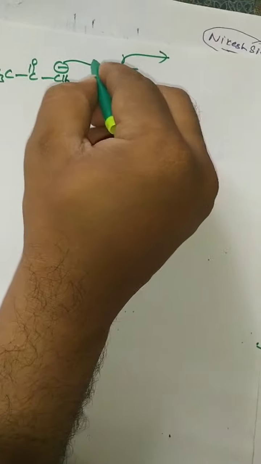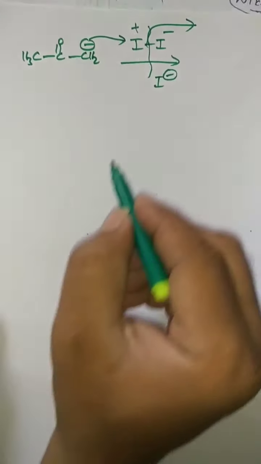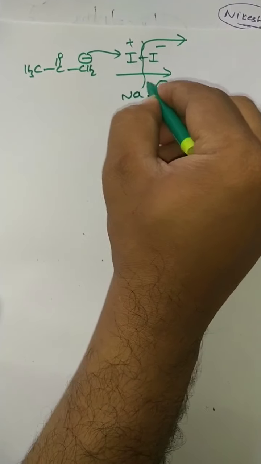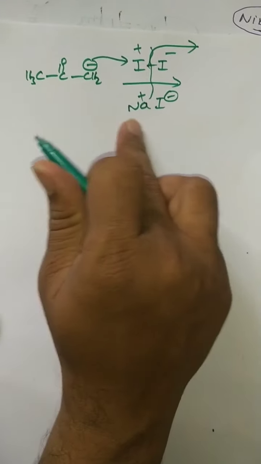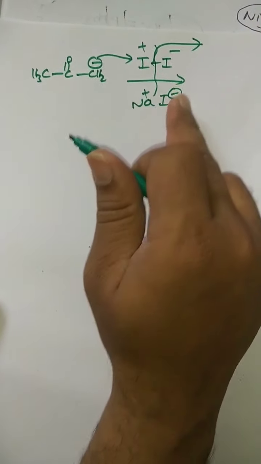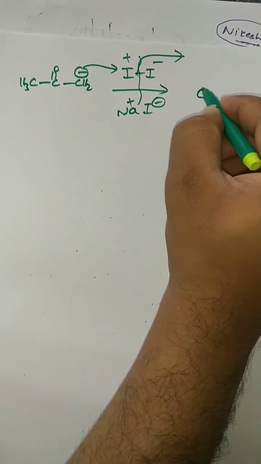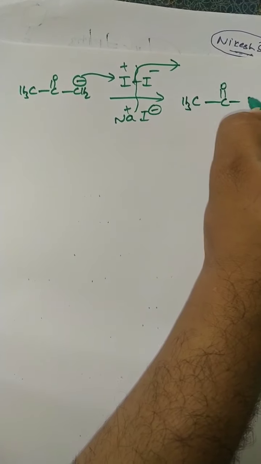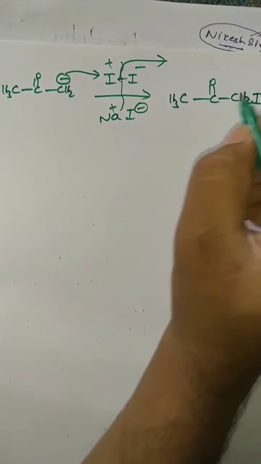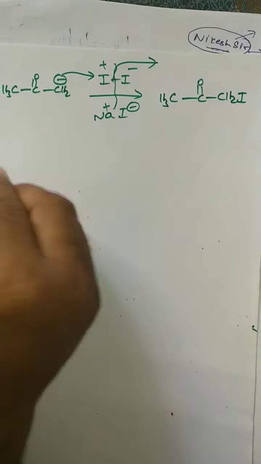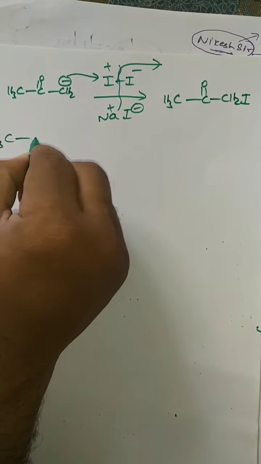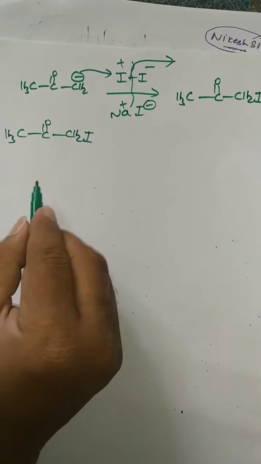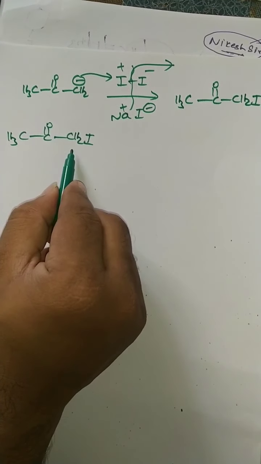So here this will take I plus, and I minus is eliminated. Sodium will be there now, so Na plus interacts with I minus, and NaI will be eliminated. Finally what you are going to get? CH3 C double bond O, CH2I. So after formation of CH3COCH2I, what did you observe? One of the alpha hydrogens is replaced by iodine.